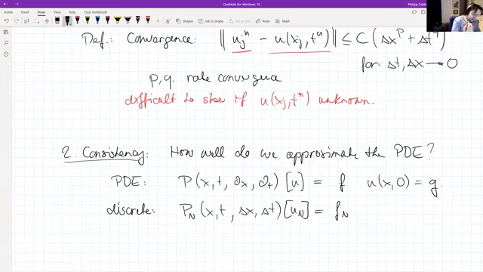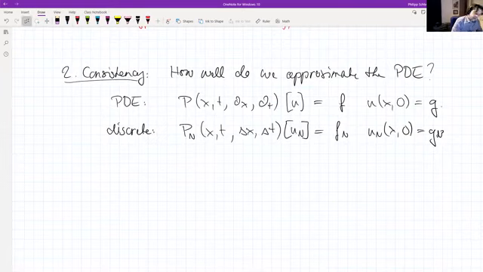And this is the same as a discrete right-hand side, and we have a discrete initial condition. Like this. So this defines us an operator P and an operator Pn. And now, based on that, we can try to answer our question how well Pn approximates P.